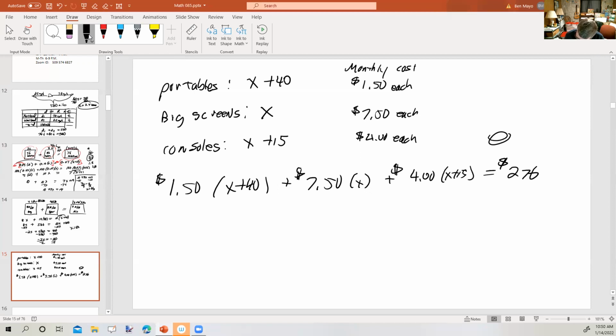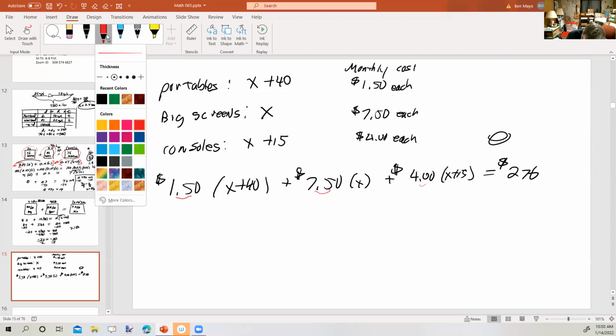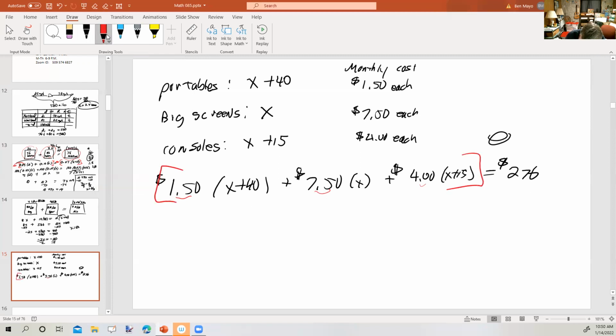Really I don't need to multiply by 100, because I don't need to move the decimal more than one place to get rid of the decimals. I could multiply by 100, but then my numbers would be bigger than they needed to be.